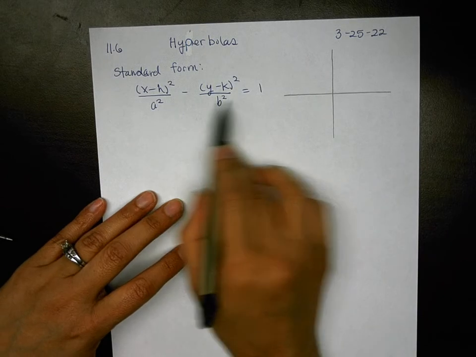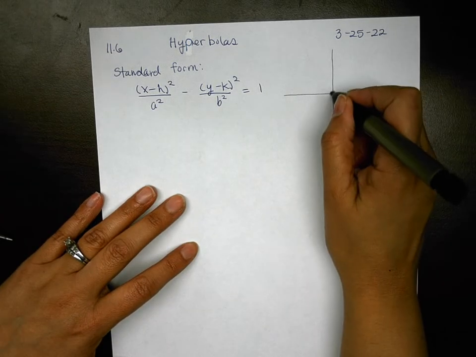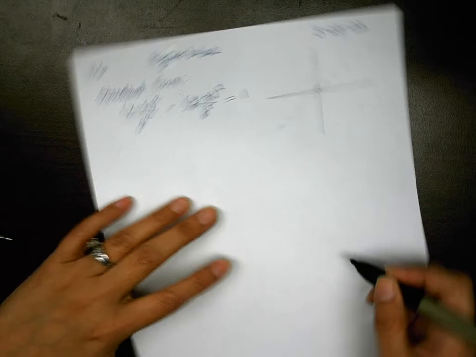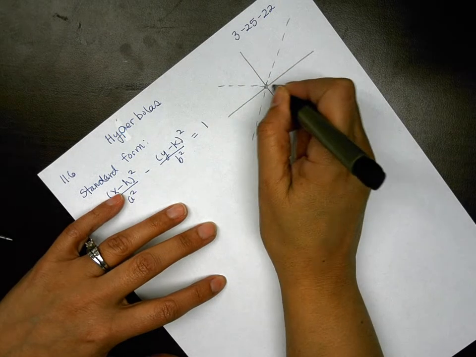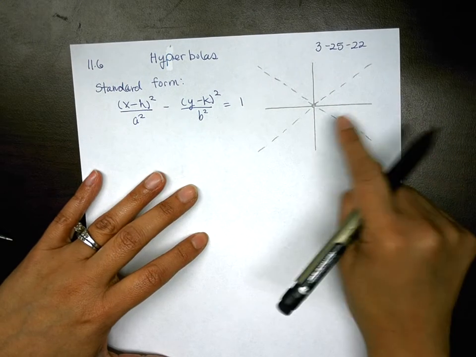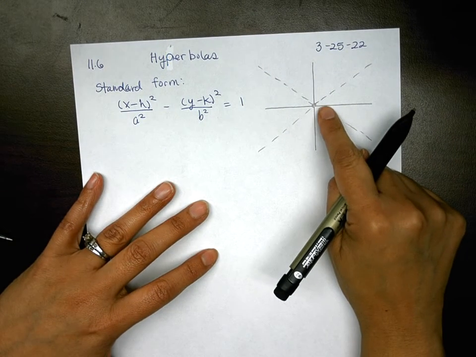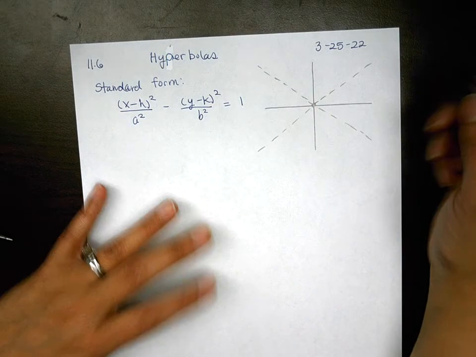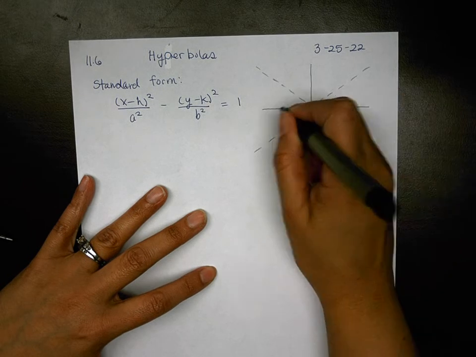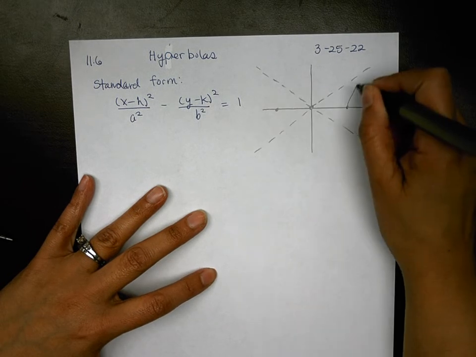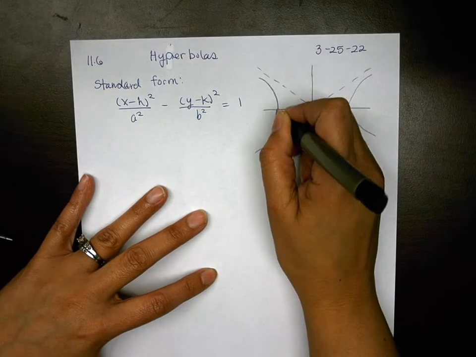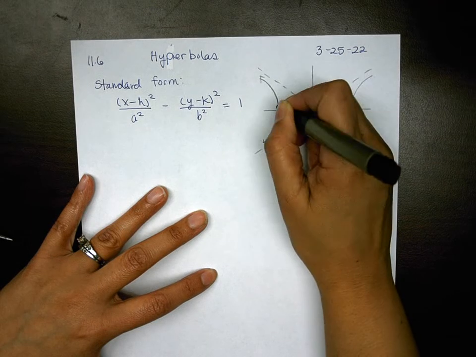Okay, when it looks like this, I'm just going to center it at the origin, and we're going to have asymptotes, 2 of them. Now our asymptotes will always both intersect, not at the origin, but they will always both cross at the center, wherever the center's at. This one is going to look something like this. They both approach the vertices. They kind of look like parabolas going in opposite directions.